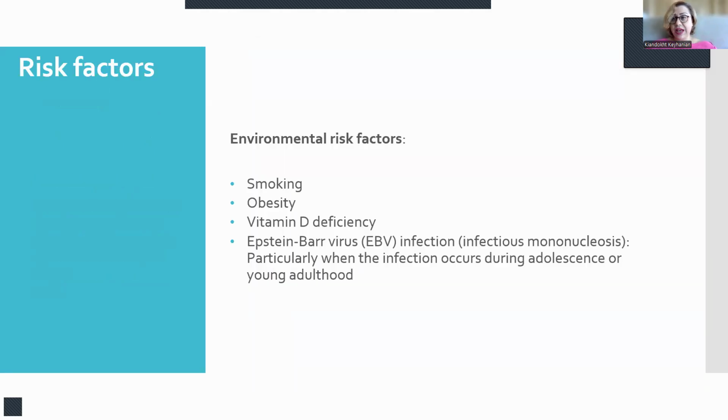So what are the other risk factors? One of the important risk factors is smoking. Of course, smoking causes lots of cancers. It has effects on heart attack, stroke, and lots of autoimmune diseases, I guess all of the autoimmune diseases.